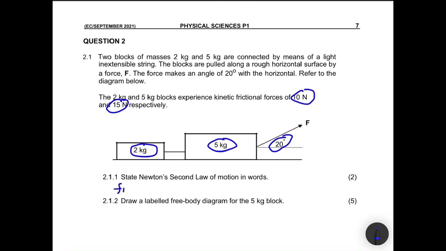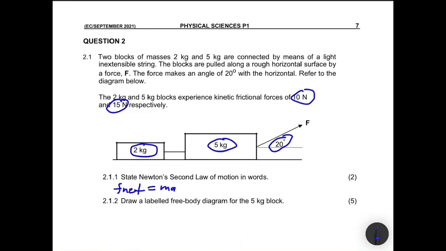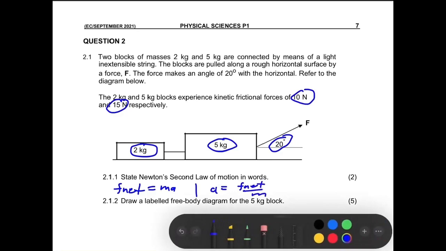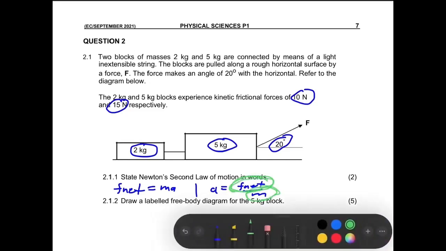So we know fully well that F net equals ma, and in this equation, if you make acceleration the subject of the formula, you basically get the definition, right? Acceleration will be equal to F net divided by the mass. Clearly in this case, the acceleration is directly proportional to the F net and inversely proportional to the mass, right?